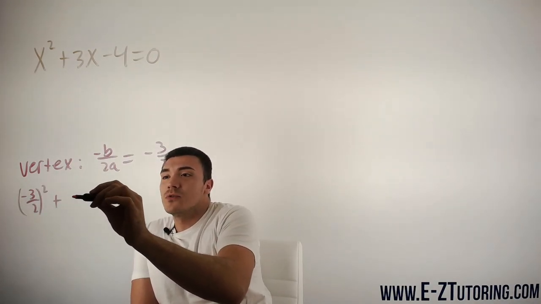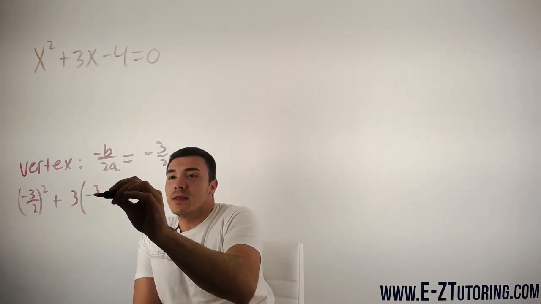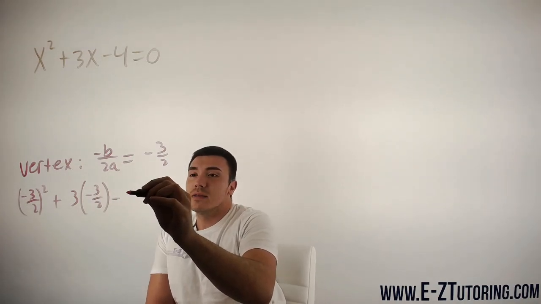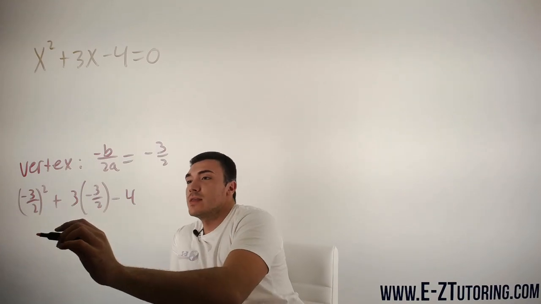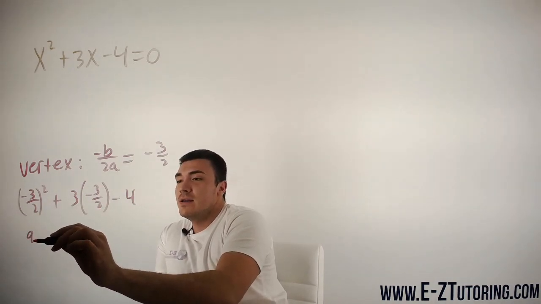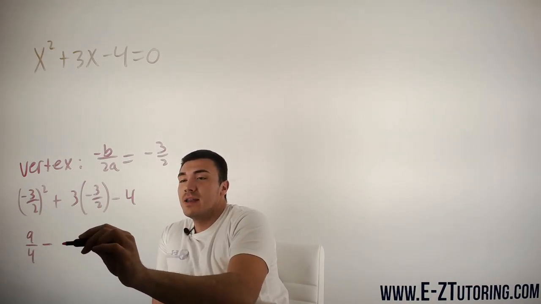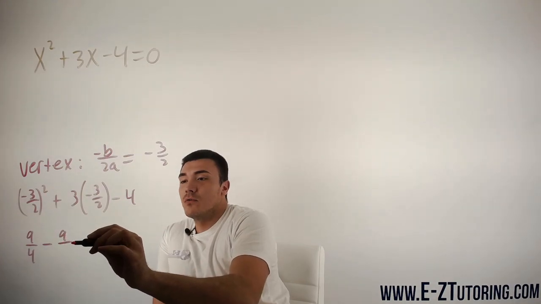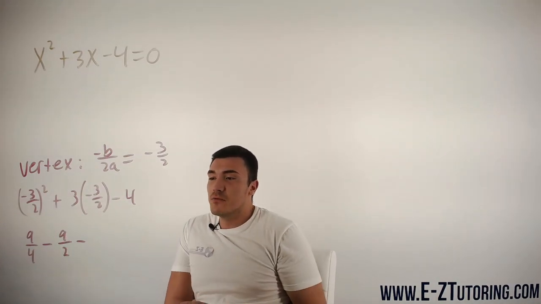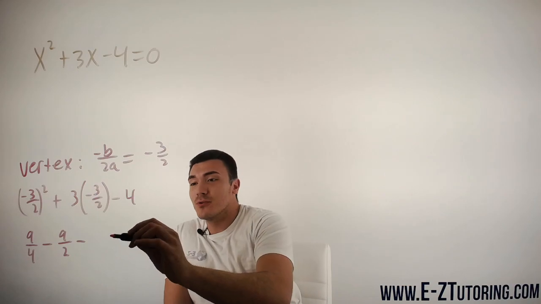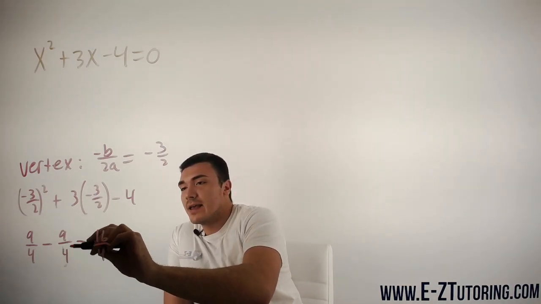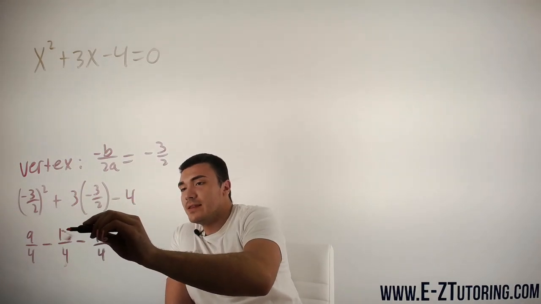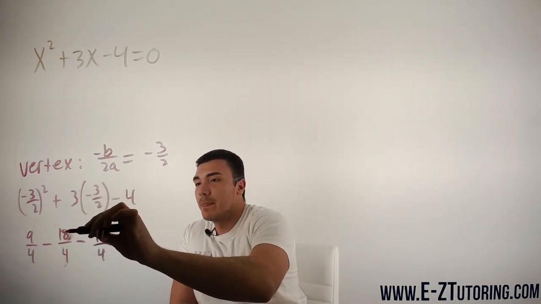Negative 3 over 2 squared plus 3 times negative 3 over 2 minus 4. So this is 9 over 4 minus 9 over 2 minus 4. Let's go ahead and get a common denominator. So I'll write this as 16 over 4. And I'll write this as 18 over 4.